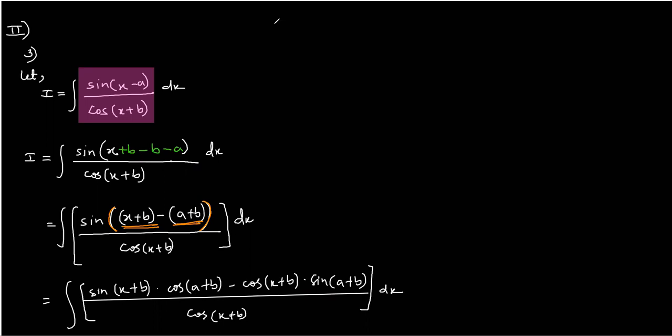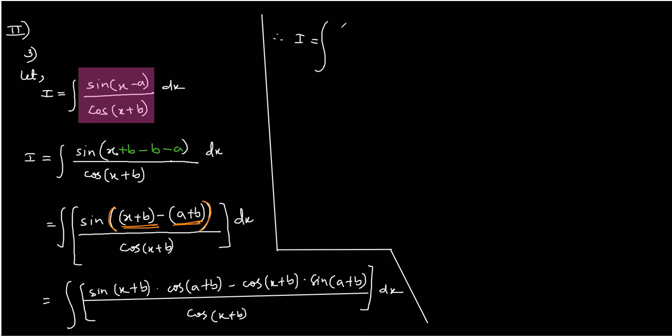Very important problem. So the next step is, therefore I equals to, now the denominator I would split. In the numerator I have got two terms, one is this and the other is this. I will split the denominator.